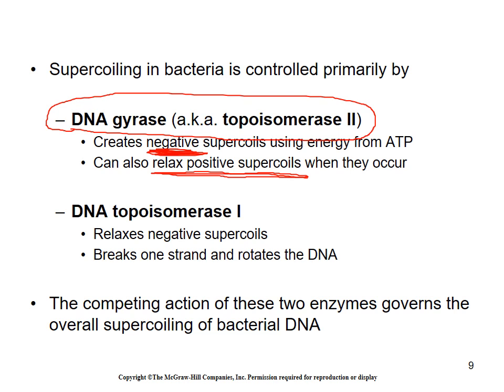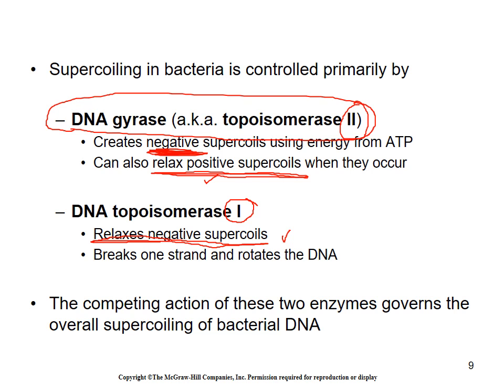Topoisomerase 1 is also going to assist with the supercoils. It, however, is more about relaxing the negative supercoils. So topoisomerase 2 wants to relax the positive, topoisomerase 1 wants to relax the negative supercoils.